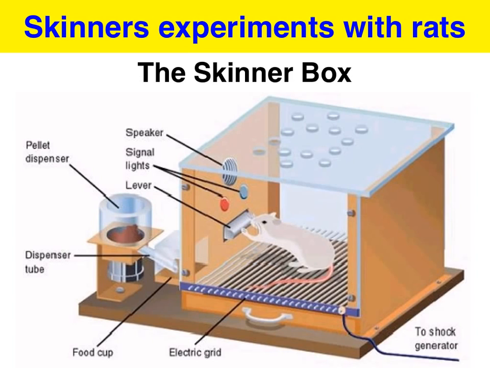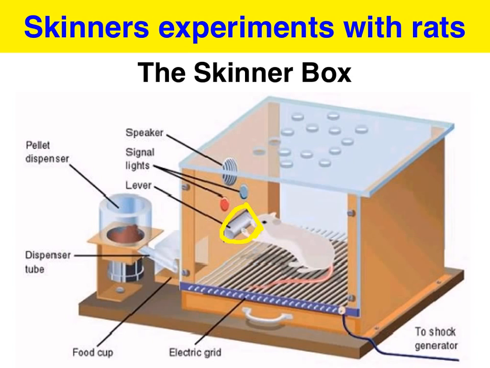So Skinner devised the Skinner box to identify how the consequences of actions affected future behaviour. In terms of some of the key aspects of the Skinner box, it contained a lever that was used for both positive and negative reinforcement.